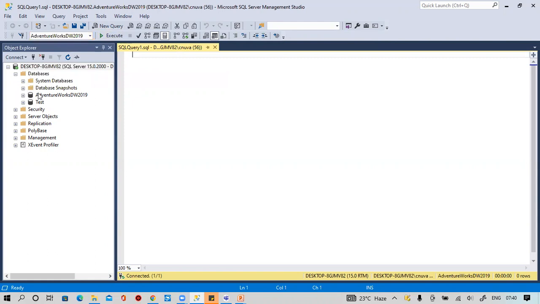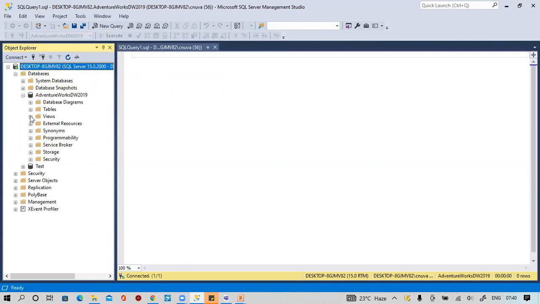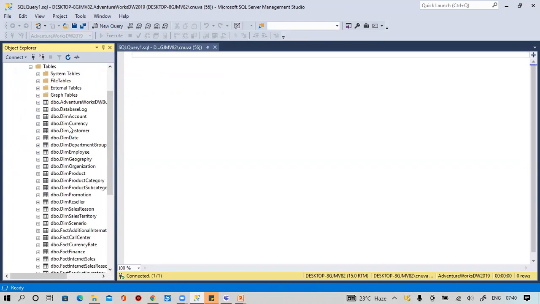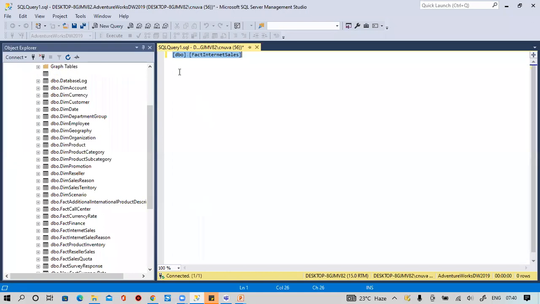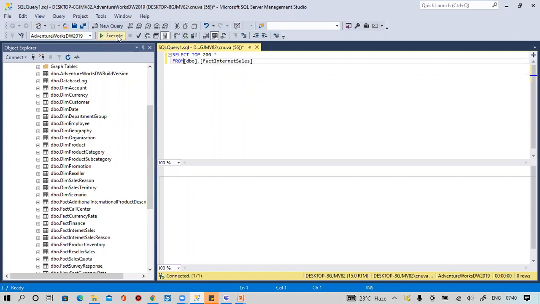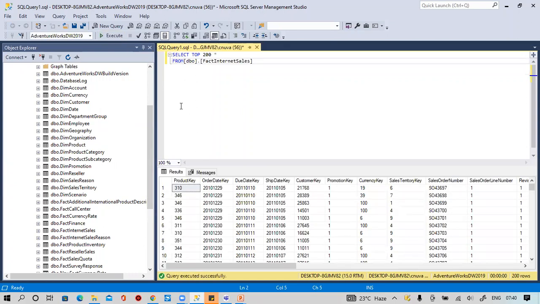This is the way to choose the database. The point here is not to know about the database side, but to understand the definition of fact and dimension tables.